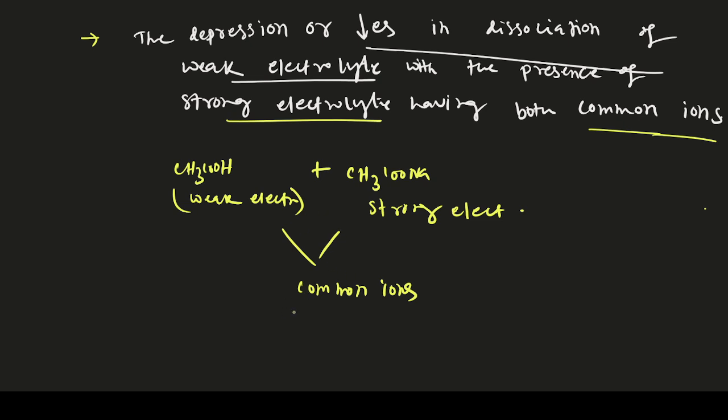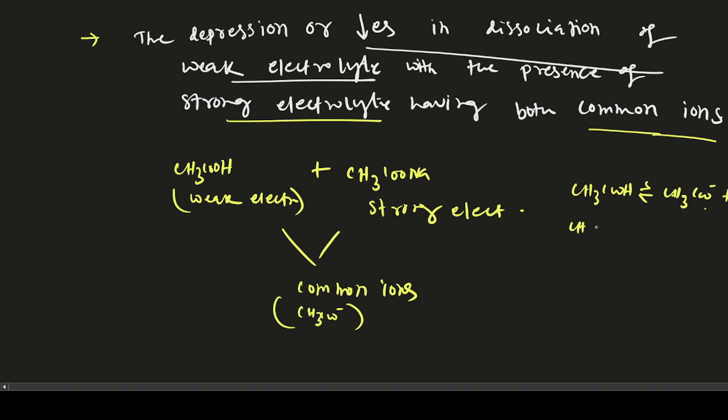Here the common ion is CH3COO minus, this is common for both. CH3COOH is dissociated into CH3COO minus plus H plus, and CH3COONa, this is the strong electrolyte, so it dissociates into CH3COO minus and Na plus.